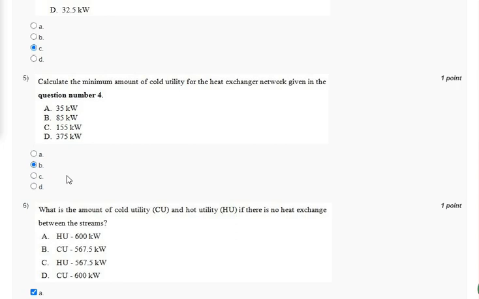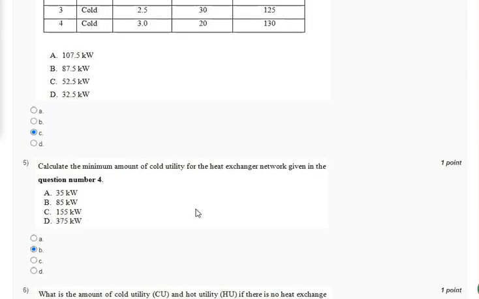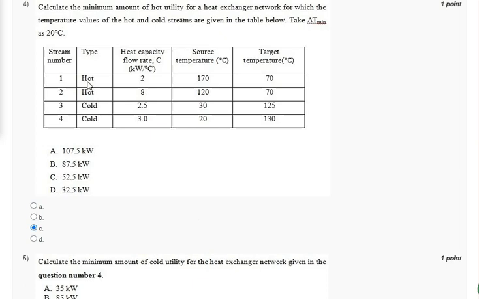D answer is correct. What is the amount of cold utility and hot utility if there is no heat exchange between the streams? If there is no heat exchange between the streams, then calculate the total heat of hot stream 1 and hot stream 2, then sum of them. So C into source temperature minus target temperature.